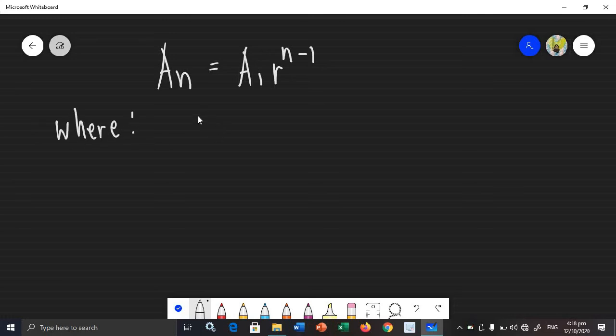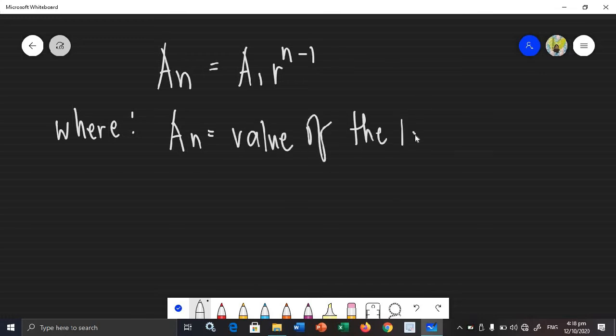Where a sub n is the value of the last term in the sequence. Earlier, a sub n was the value of the term we were looking for. But here, the last term has a value, and what we are looking for is the middle. And n is the number of terms in the sequence.